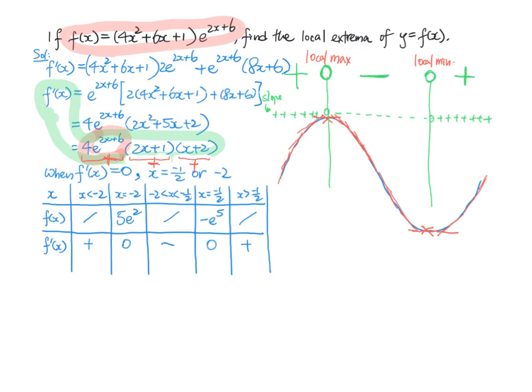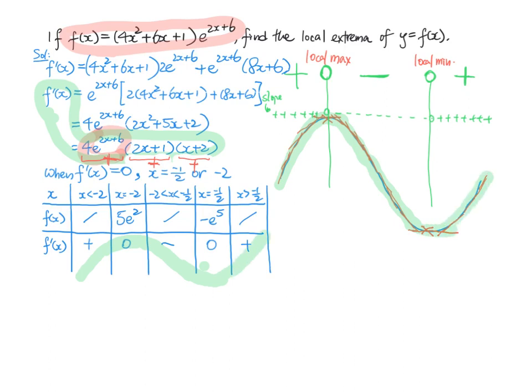Positive slope means I'm increasing for the curve, and then it goes flat like here, and then it goes downward like this, until at some point it goes flat again, and then it goes back up.